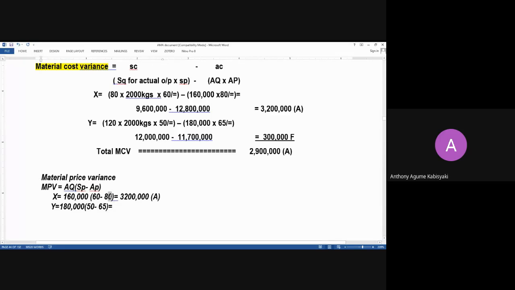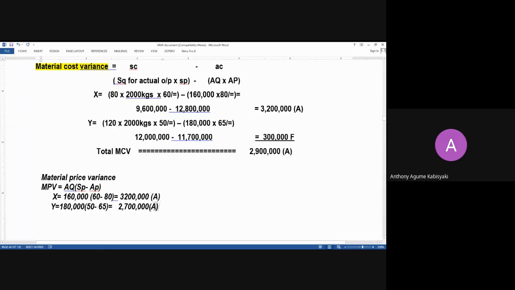Because you see the actual price is greater than the standard price. Then for Y, 2.7 adverse. And it is adverse.